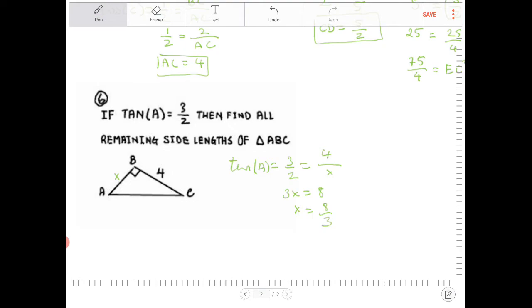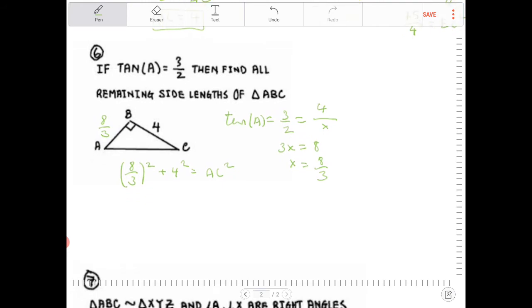Since I know x is equal to 8/3, I can again use the Pythagorean Theorem to say, if this is 8/3, then 8/3 squared plus 4 squared is equal to AC squared. So I get 64/9 plus 16 is equal to AC squared. 9 times 16, what is that? That is 144.